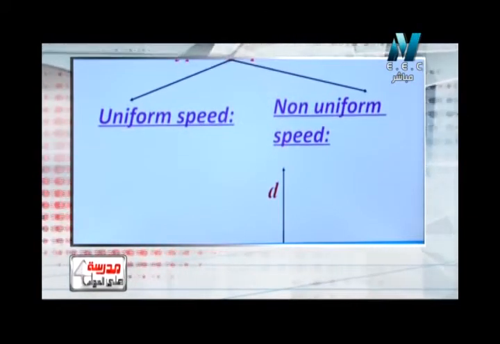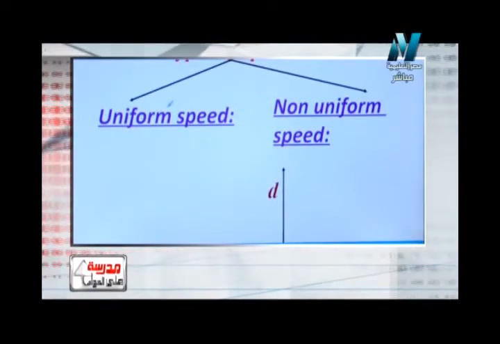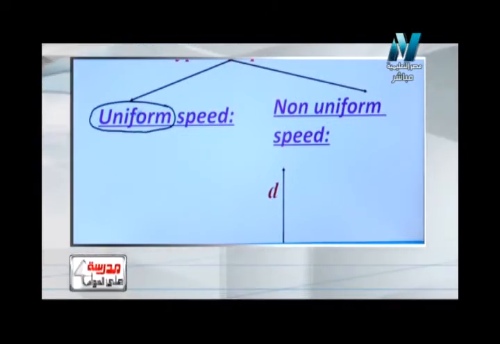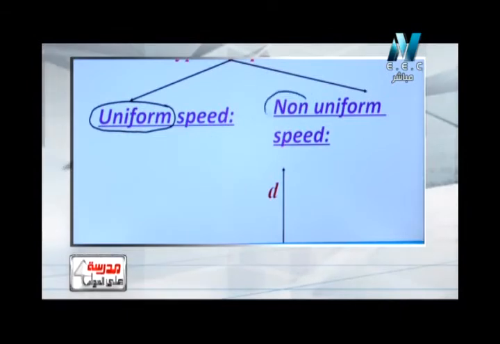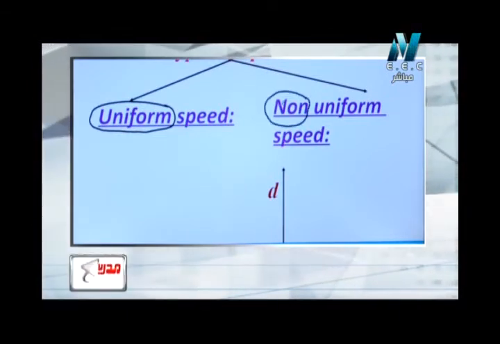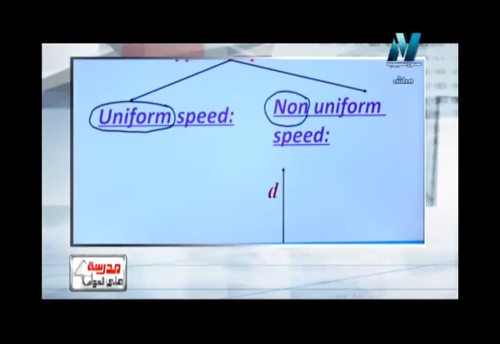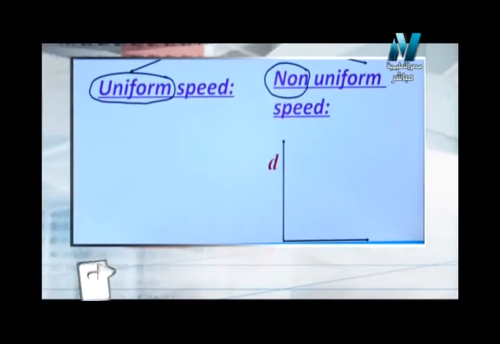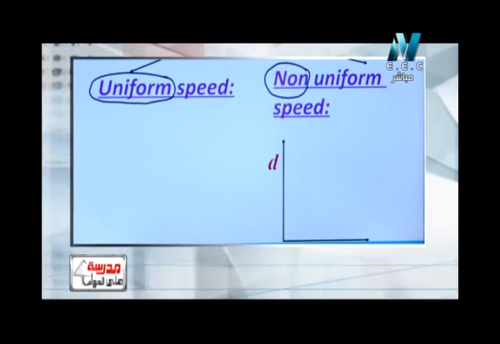Uniform speed means the body covered equal distances in equal periods of time. Non-uniform speed means the body covered unequal distances in equal periods of time, or vice versa, equal distances in unequal periods of time.